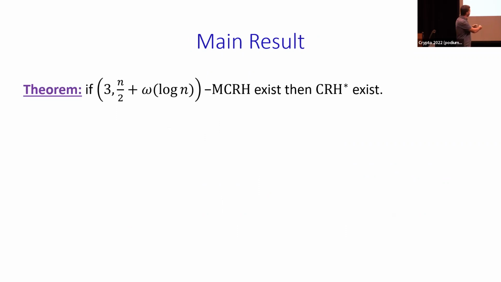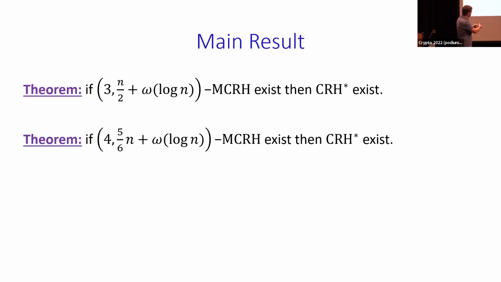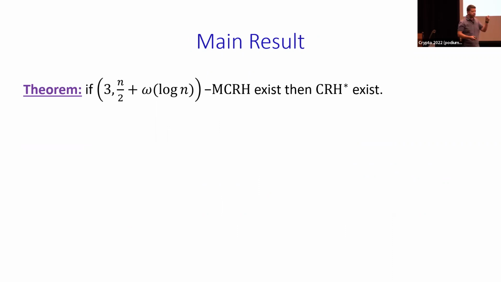We're assuming that the MCRH we start off with has a shrinkage factor slightly more than half, so you're outputting slightly less than half of the input size. If you give me such an MCRH, then we're able to show that a standard collision-resistant hash function exists, up to some asterisks, which I will explain in 5 or 6 slides.